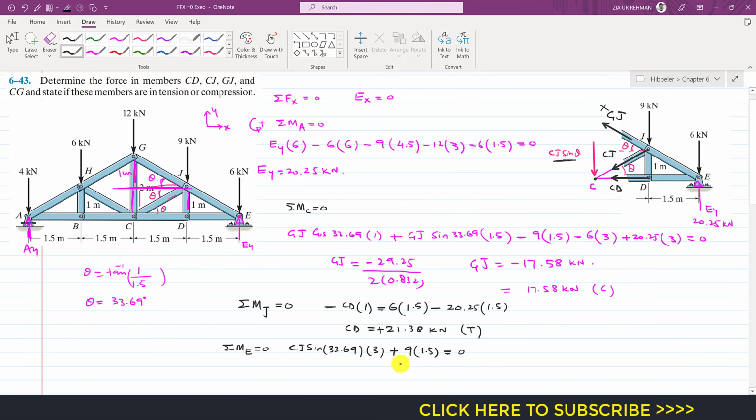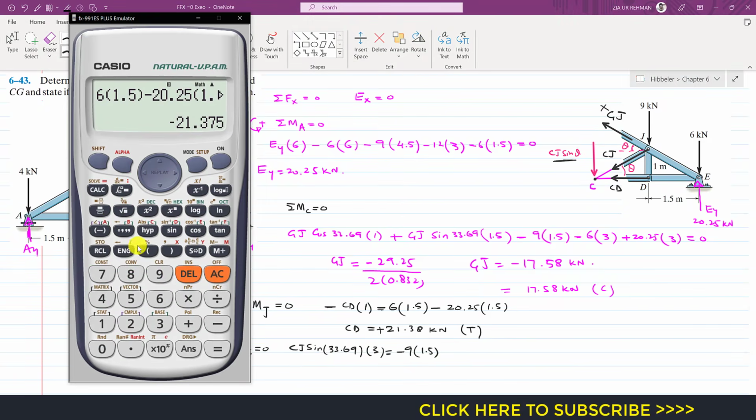From this we can solve it. If I bring this to the other side, its sign will become negative, so this will be minus 9 into 1.5, and if I divide it by 3 sine of this, we will be able to find that Cj member force. So this is minus 9 into 1.5 divided by 3 sine of 33.69.